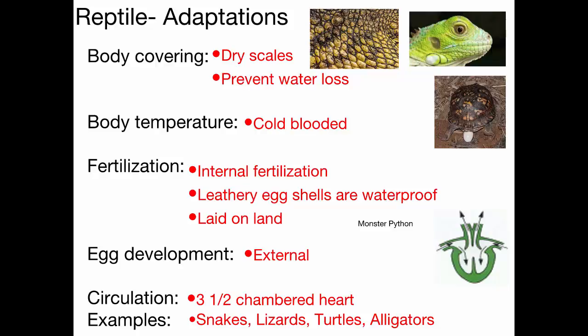But this ventricle actually has a wall that almost splits it into two separate chambers, but it doesn't quite go all the way. And the benefit of this type of heart is that the oxygenated and deoxygenated blood stay pretty much separate. There's a little bit of mixing that goes on here, but the two types of blood stay more separate than in a 3-chambered heart.